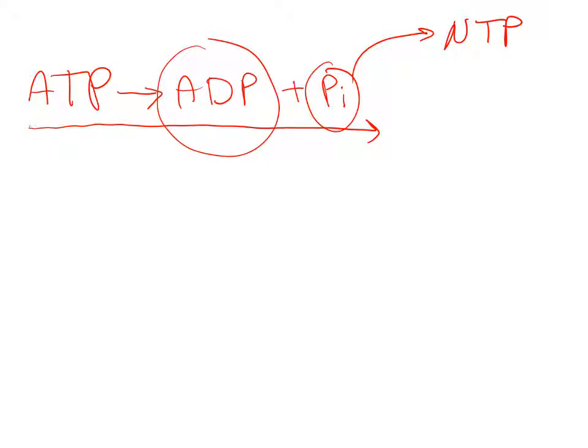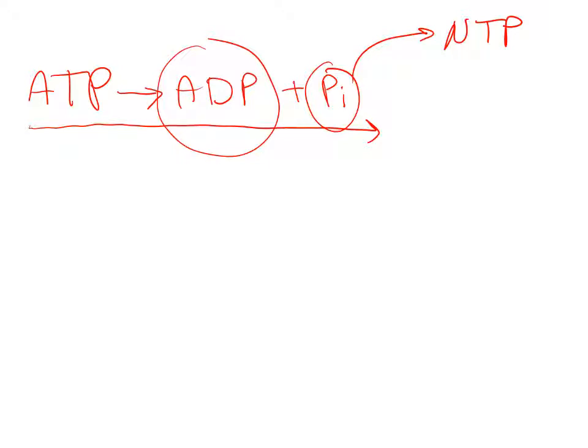So, for example, when a muscle is in a vigorous state of exercise, we have accumulation of adenosine diphosphate because, as we just said, the hydrolysis of ATP drives the actin and myosin interactions, right?